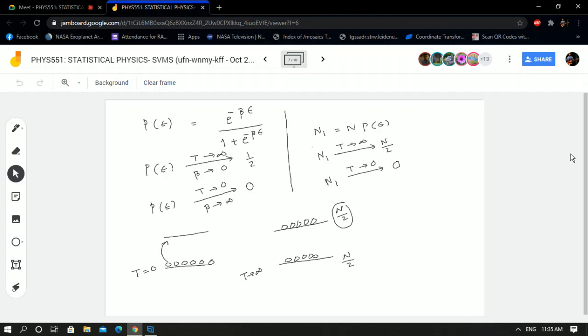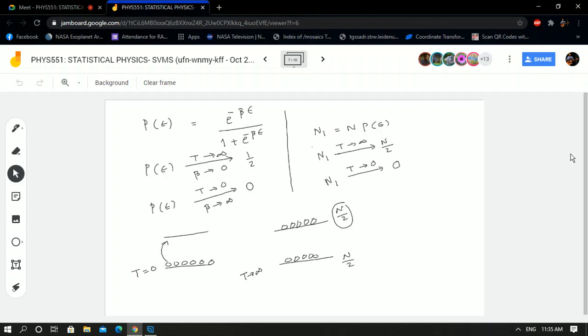Excuse me, sir. Yeah. While finding the probability of the excited state, in the denominator why are we taking Z1 only instead of Z? Okay.